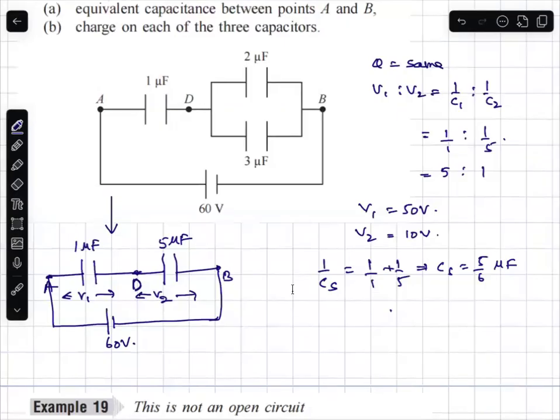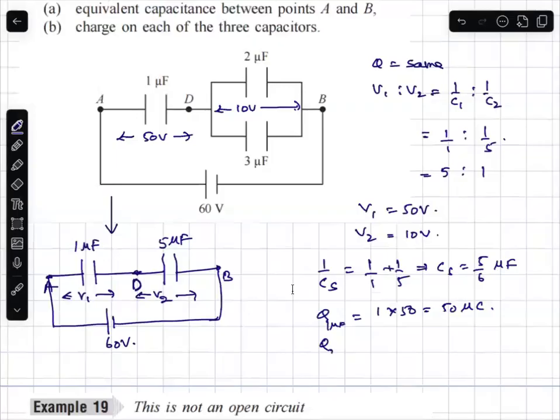And by the way, charge on each of the three capacitors. Now I know here the voltage drop is 50 volts and here it is 10 volts. So therefore, the charge on the 1 microfarad capacitor is CV, 1 into 50, 50 microcoulomb.